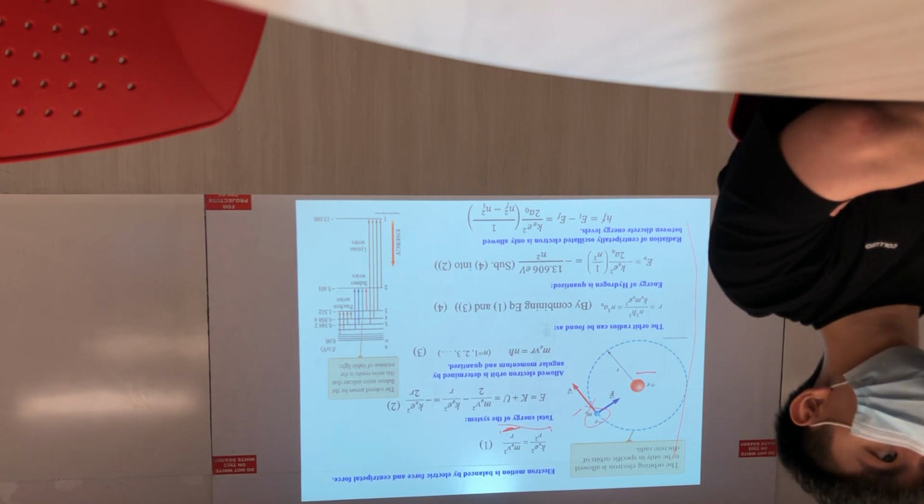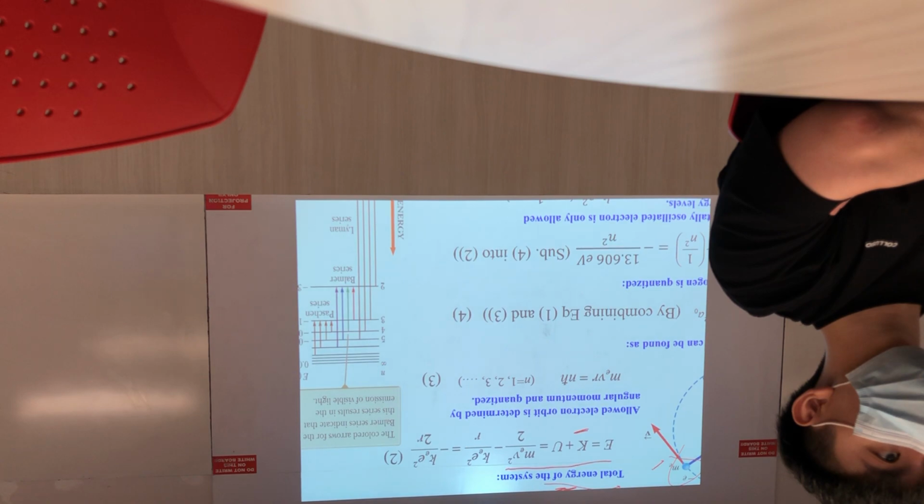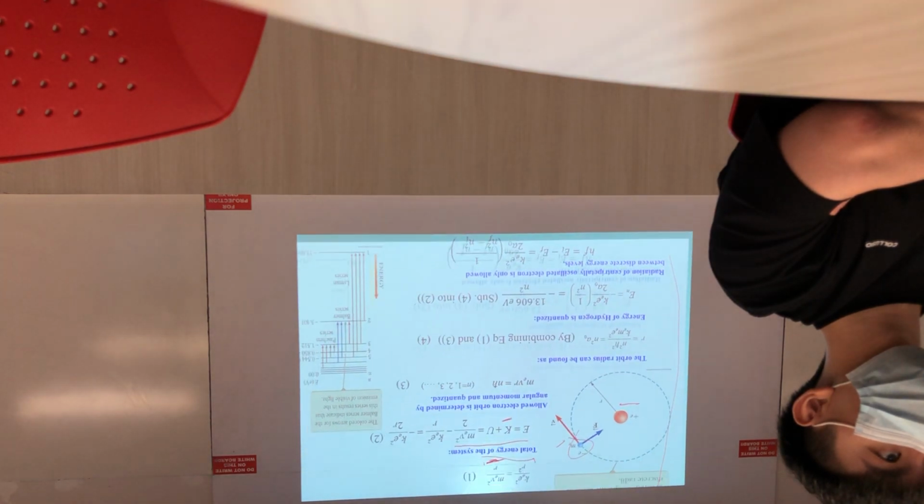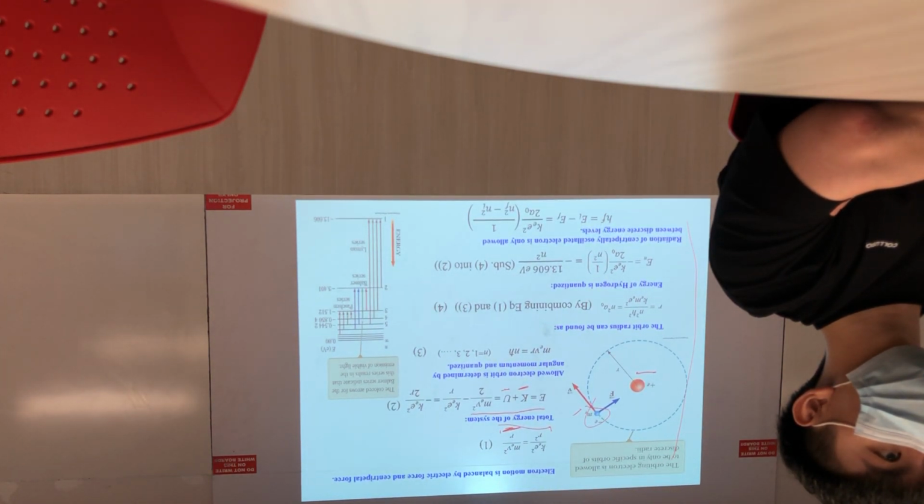And then the energy of the system is the kinetic energy plus the potential energy. You may want to pay attention to this total energy. The final equation does not tell you the electron energy.